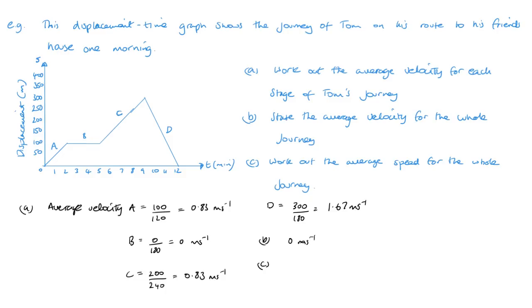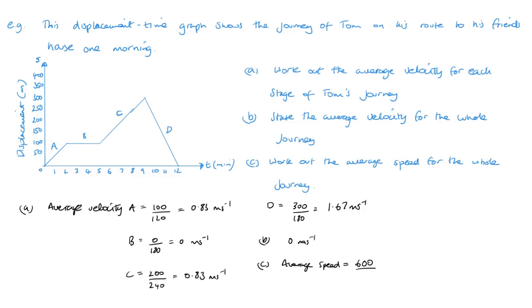Now work out the average speed. So the average speed will be his total distance. So he travelled all the way up 300 meters and then 300 meters back. So in total, he went 600 meters.